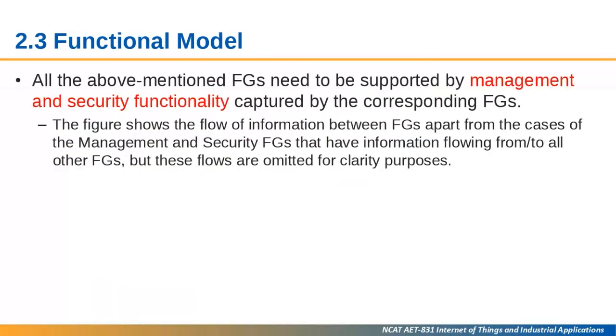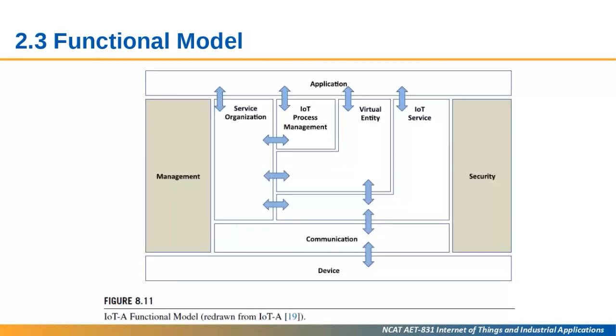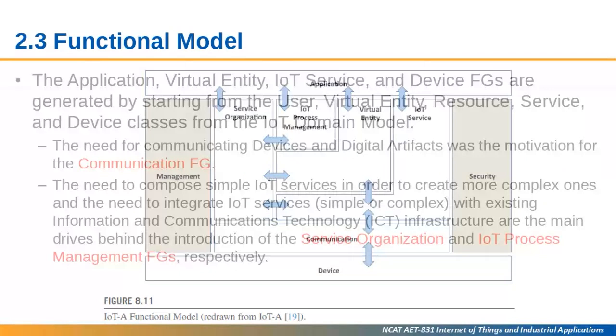All the above-mentioned functional groups need to be supported by the functionality captured by the corresponding management and security functional groups. So what it means here is that in addition to the 7 functional groups, we need to have management functional groups and security functional groups to support the proper functioning of the system.